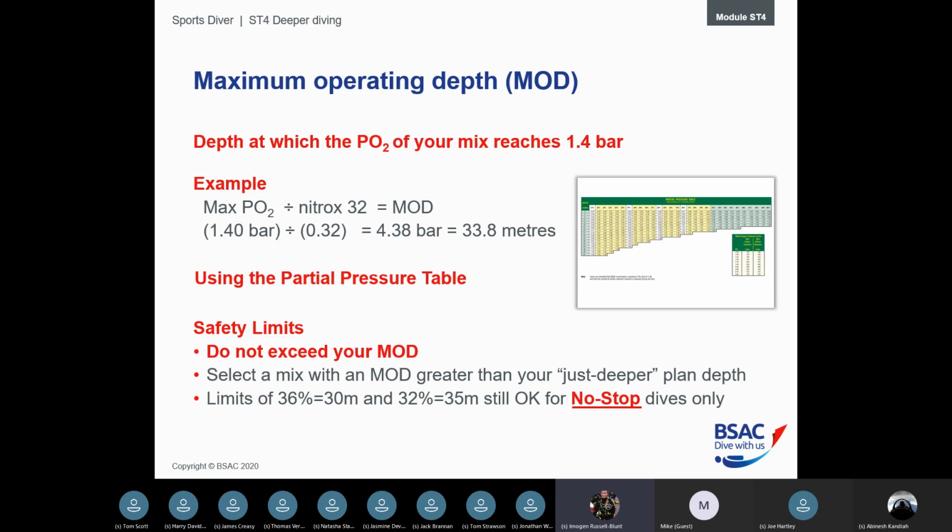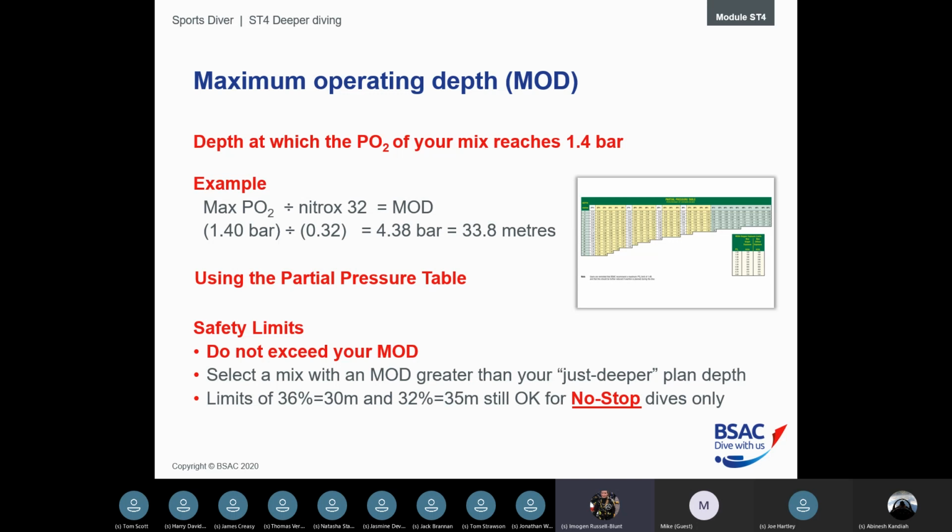There is a partial pressure table. The BSAC do nitrox decompression tables and they have a partial pressure table. It doesn't contain anything greater than 1.4 partial pressure. It won't let you even think about going past that partial pressure. But it will give you the maximum operating depth for very common mixes. The maximum operating depth for air is 51 meters. So you could breathe just normal air at 51 meters, but you can't go any deeper than that.